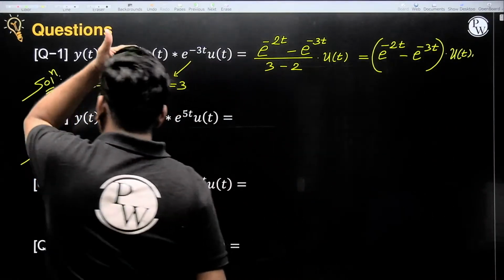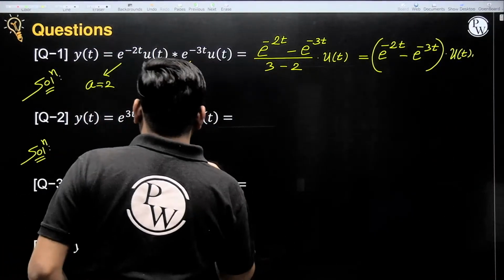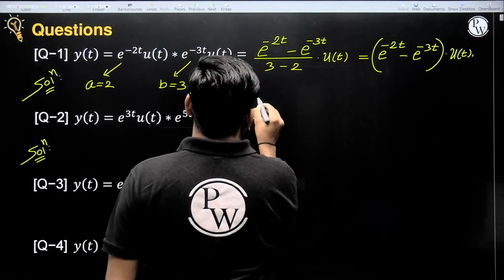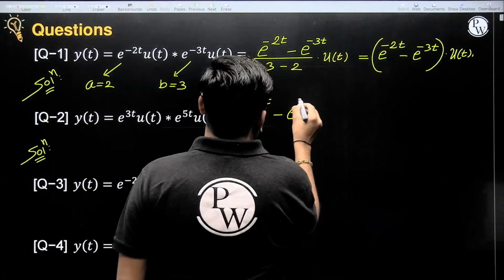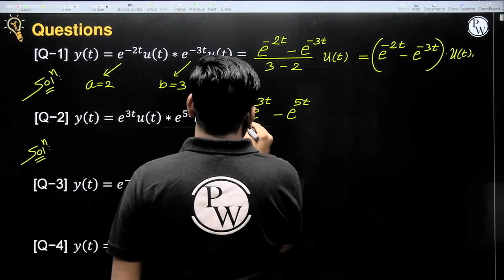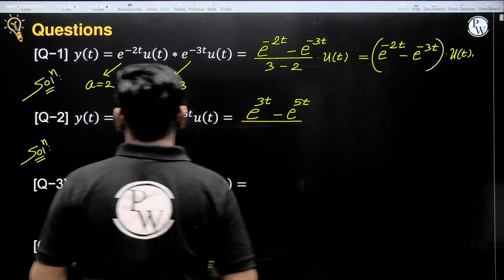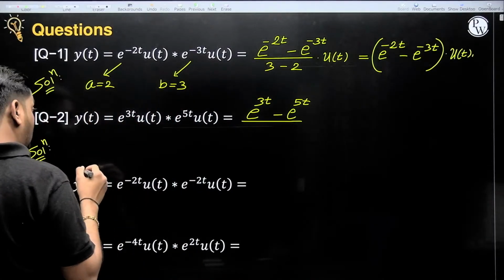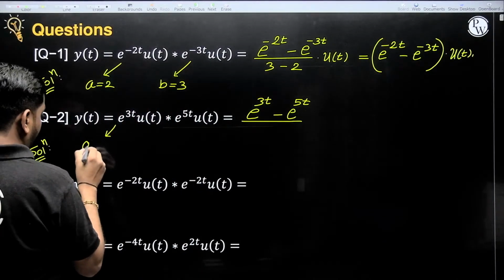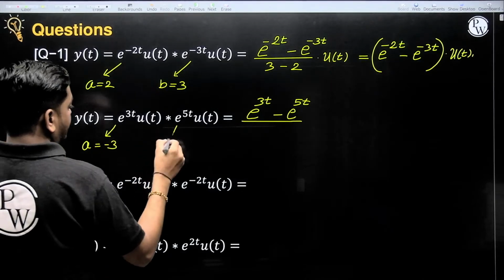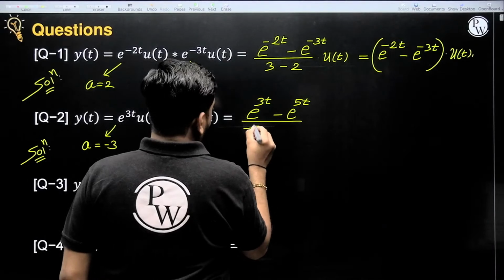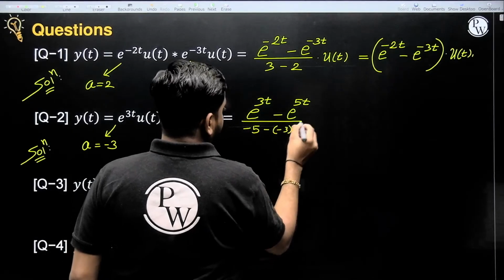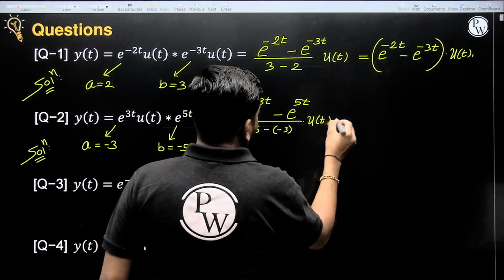Here the answer should be e to the power minus 3t minus e to the power minus 5t, guys, divided by b minus a. If you compare with the standard format, then here a is equal to 3, b is equal to 5, so b minus a is 5 minus 3, that is 2, u of t, guys.